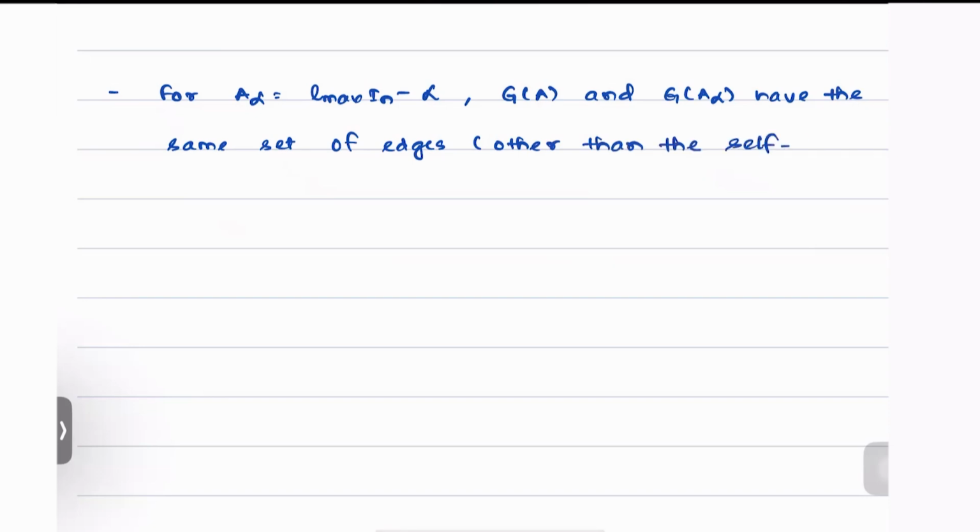The self loops is yet another property. Additionally, AL is a non-negative matrix.